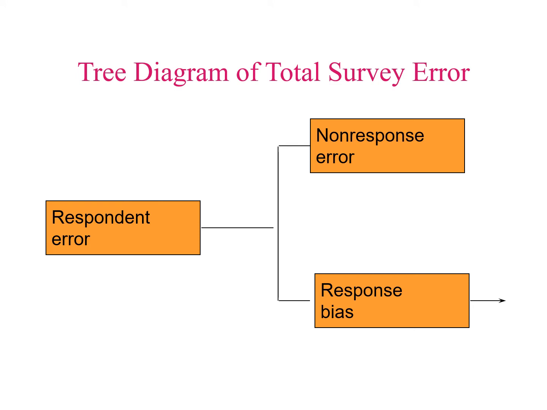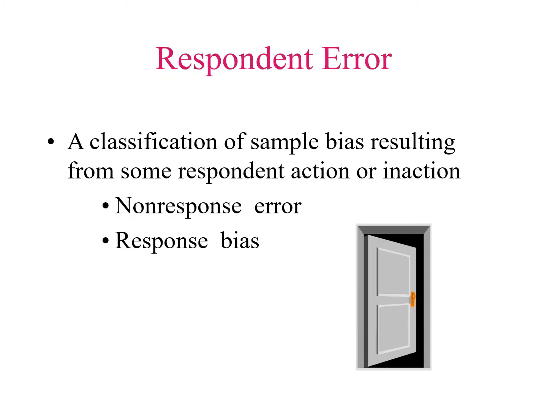Tree diagram of total survey error. Respondent error has two categories: non-response error and response bias. Respondent error means a classification of sample bias resulting from some respondent action or inaction. That can be non-response error or response bias.